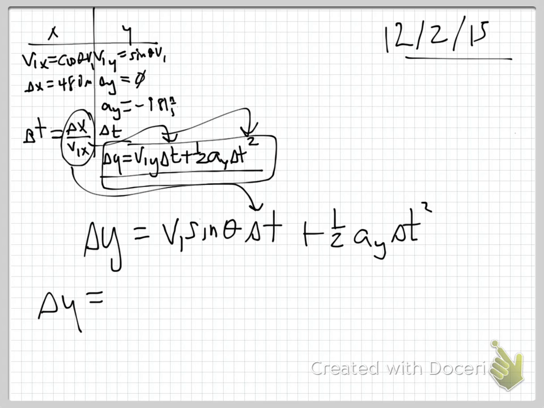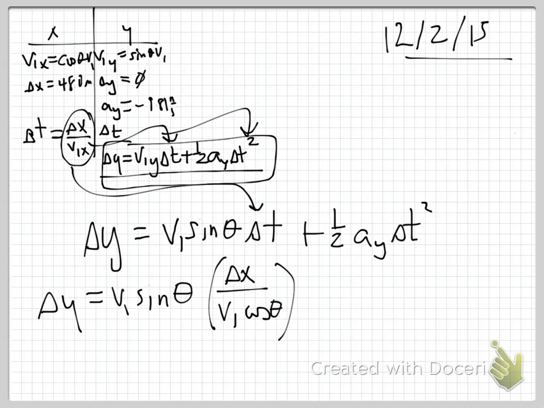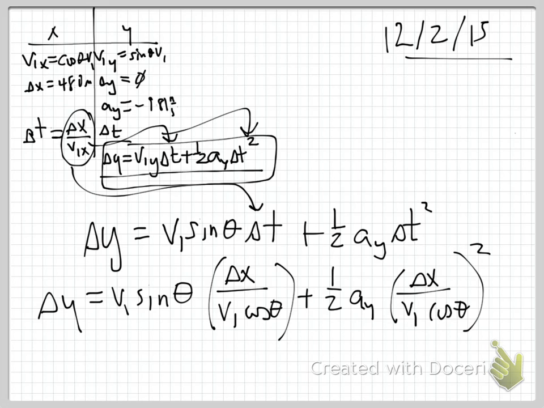So delta y equals vi sine theta times the quantity delta x over, and of course vix is just vi cosine theta, so I put that in, plus 1/2 a on the y times the quantity delta x over vi cosine theta, squared. So at this point, I can start doing the serious work of rearrangement. I'm going to take it to the next page.